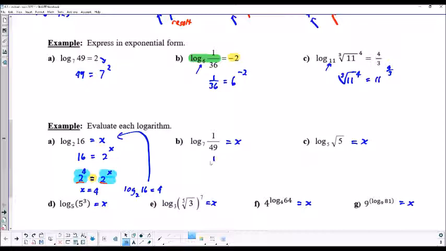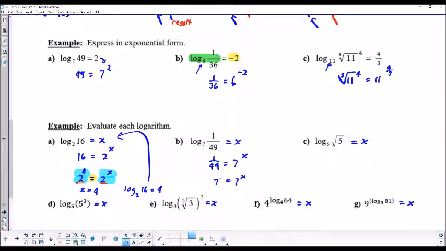All right, let's take another look here. 1 over 49 equals, well, x is the exponent because it's the logarithm. We've got the base of 7, 7 to the power x. So I know I want the same base, so there's a common base. If I've got 1 over 49, well, I know that 7 squared is 49.